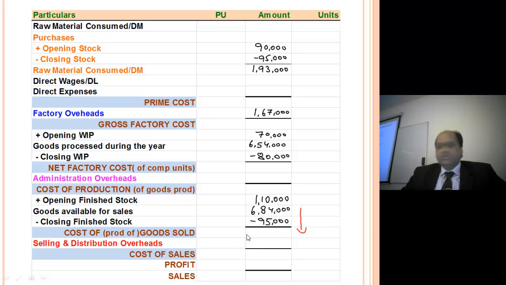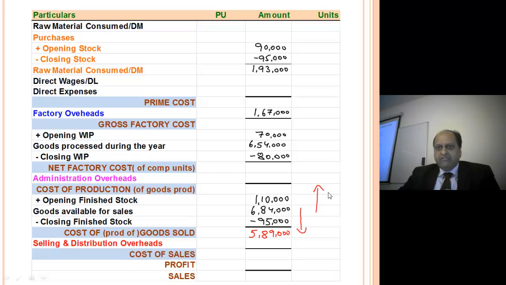So what is the answer? Just wait, I'll open my calculator. It is 684 minus 95,000. This comes out to be 5,89,000.